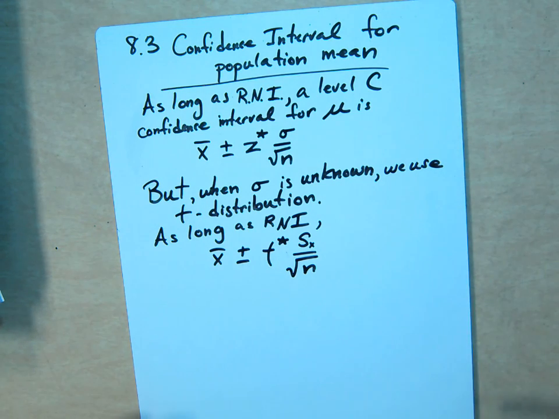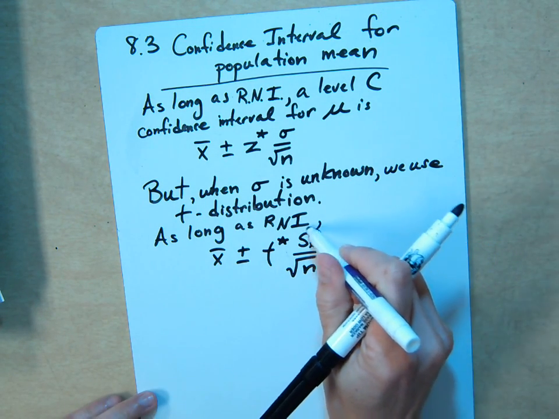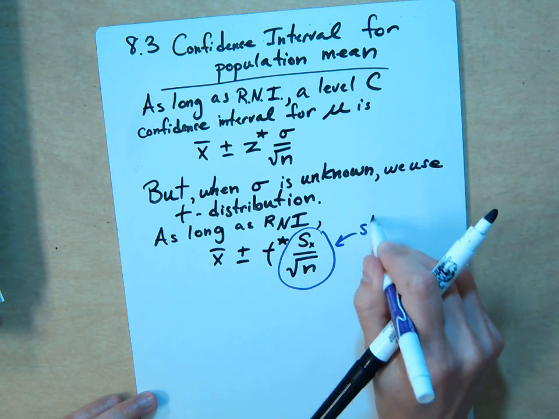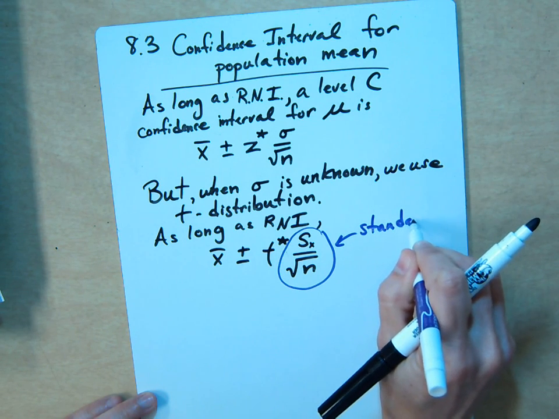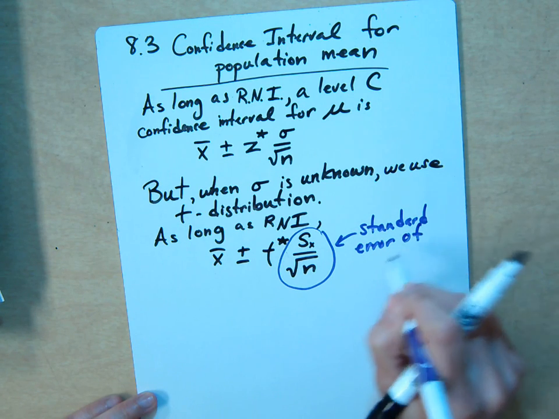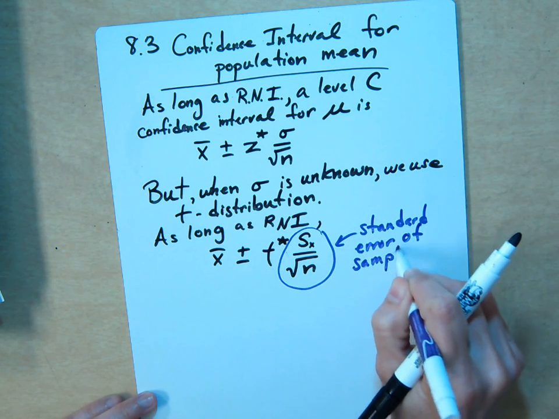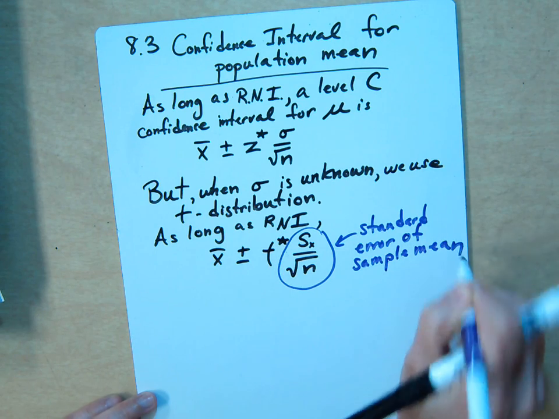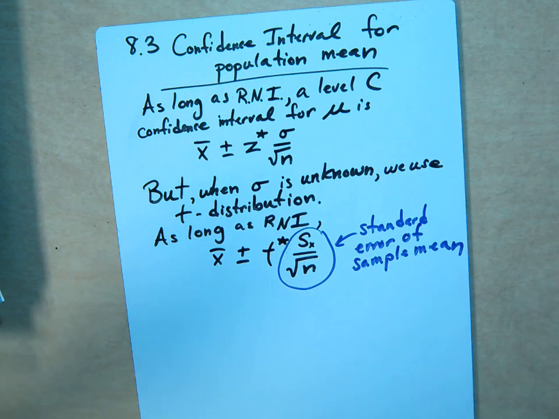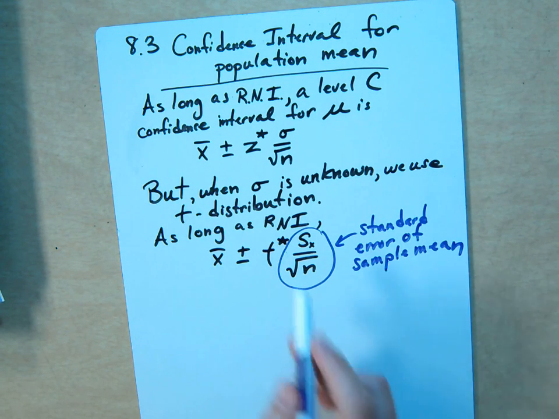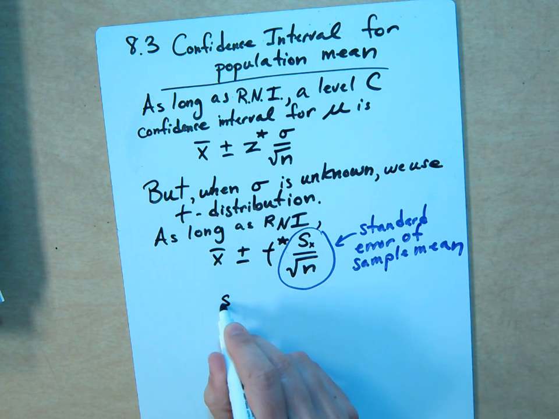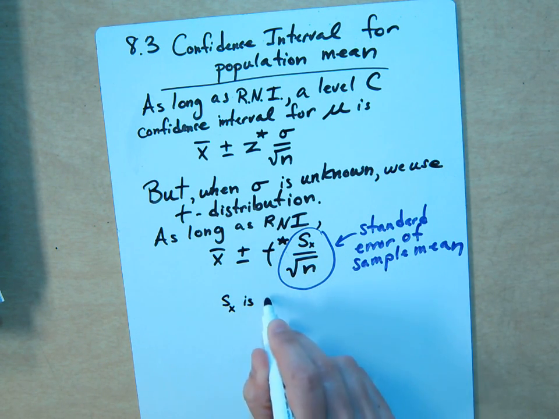This part here is called the standard error of the sample mean. You compute it using s sub x in this formula, where s sub x is the sample standard deviation.